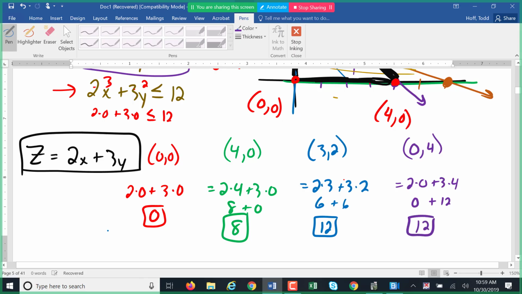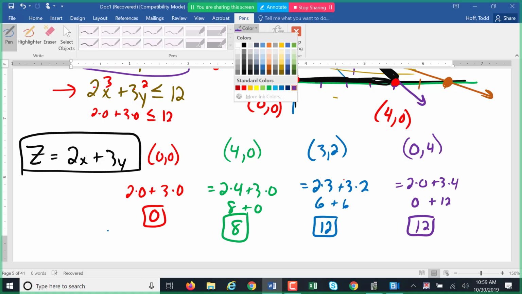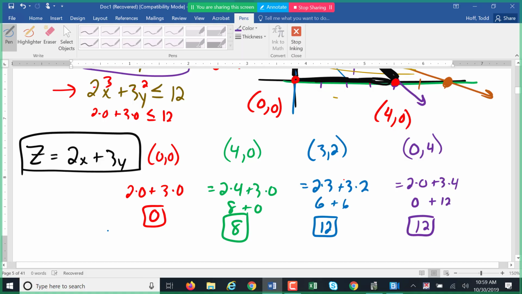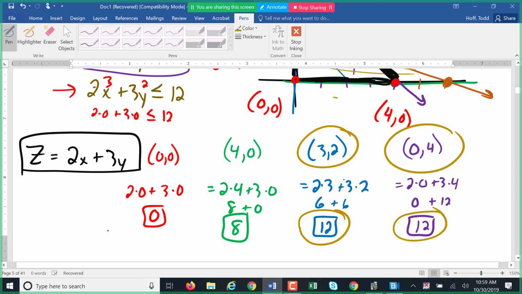That also adds up to 12. So what this is telling us is that either of those two choices, either x is 3, y is 2, that'll give us an objective value of 12, or x is 0, y is 4 will give us an objective function value of 12.